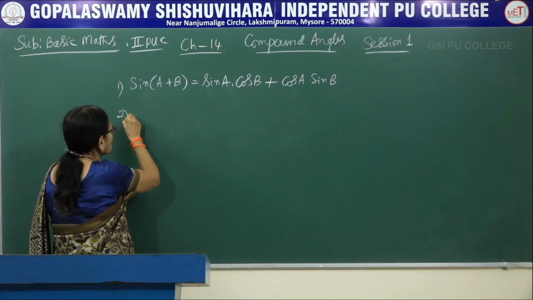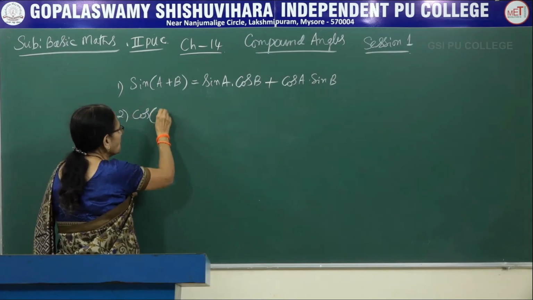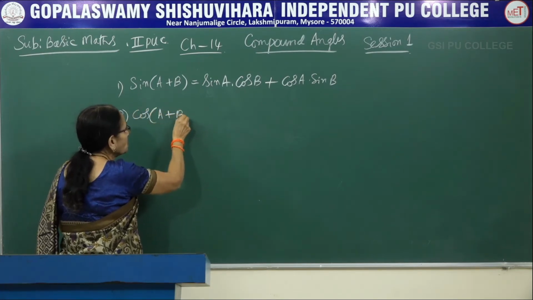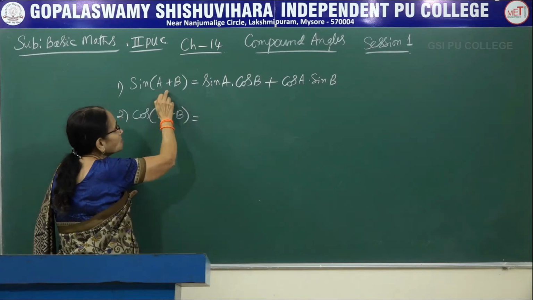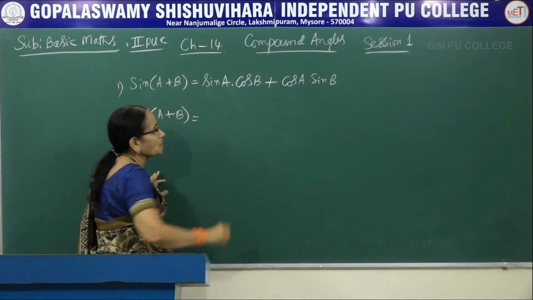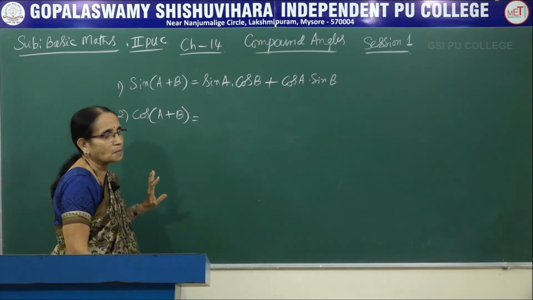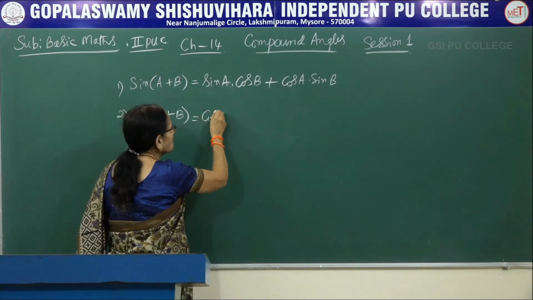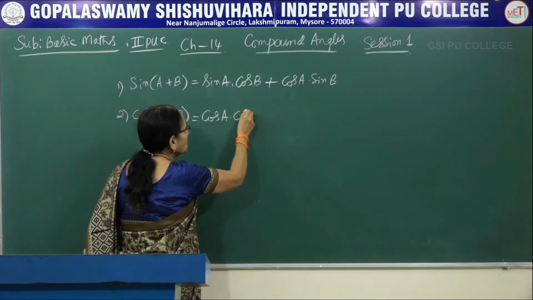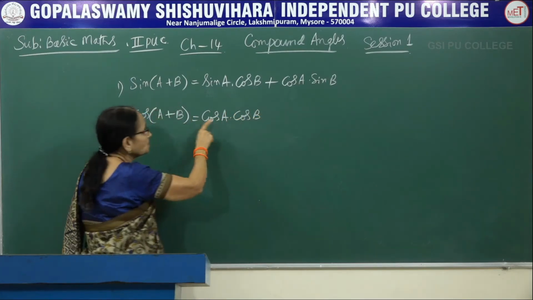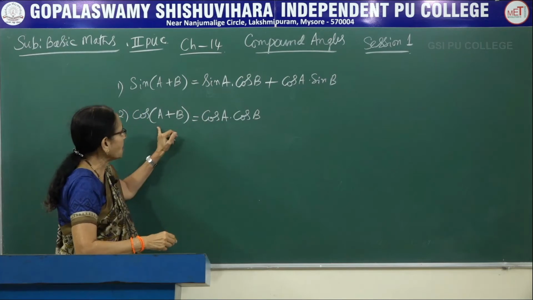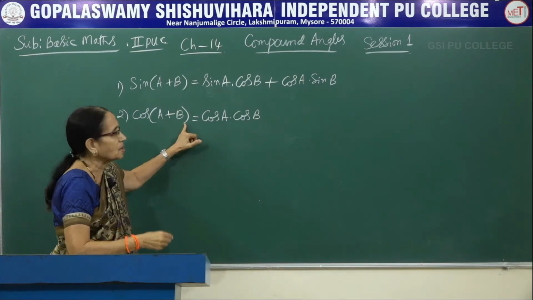Now let me come to the second formula, cos of A plus B. Here also we have plus on the left hand side. The expansion is cos A into cos B. Both of them are cos ratios. First we take angle A, the first angle, then the second angle.